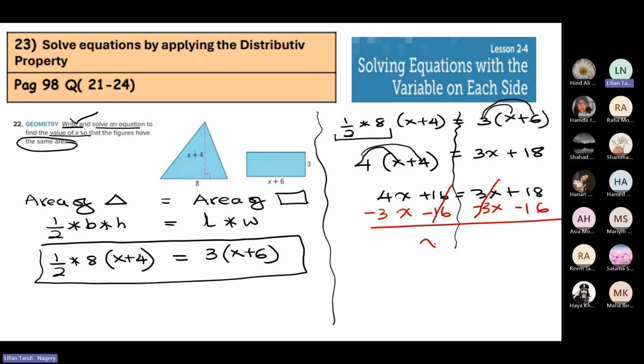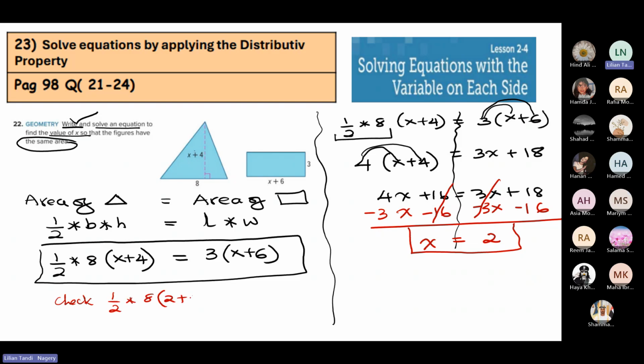This becomes x, and this becomes 2. And you box your answer. But you should check if this answer makes sense. I will come back here and check my work. Half times 8, 2 plus 4 equals 3, 2 plus 6. Yes.